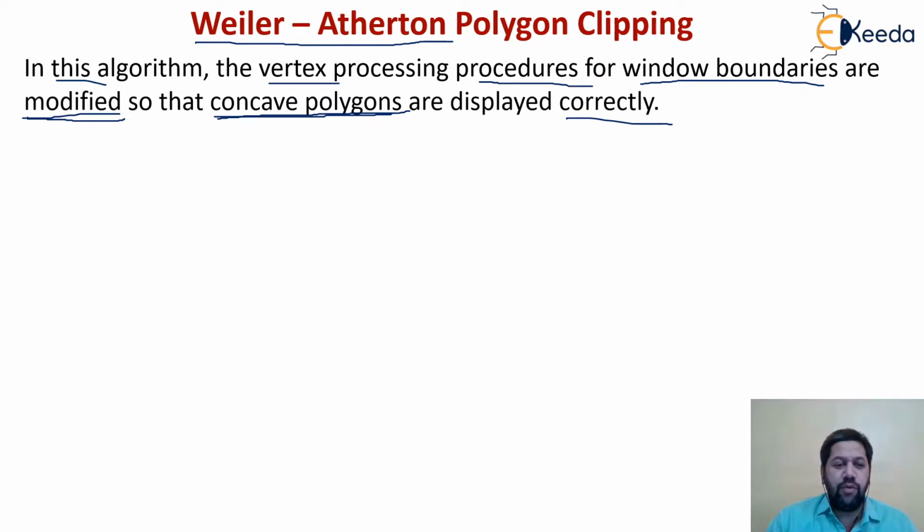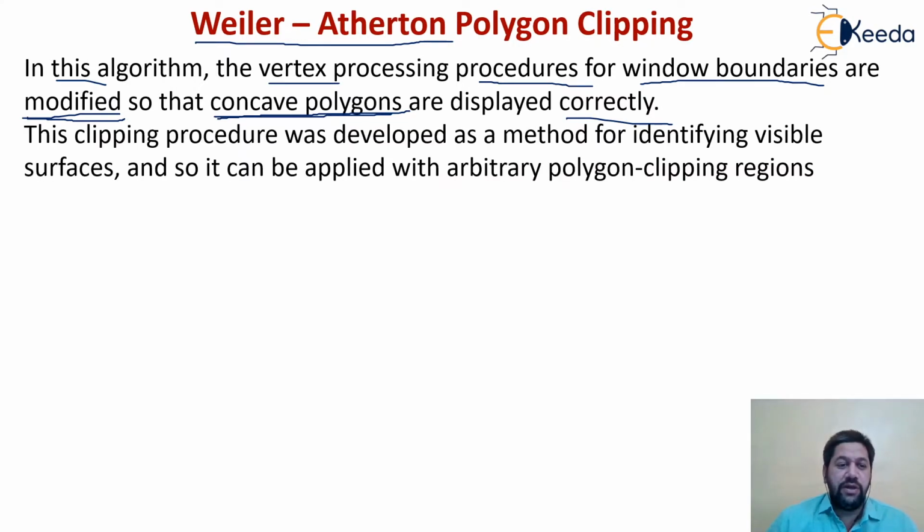Let us understand exactly what we are doing. This clipping procedure was developed as a method for identifying visible surfaces. We learn visible surfaces and visible lines in detail in some of the sessions.